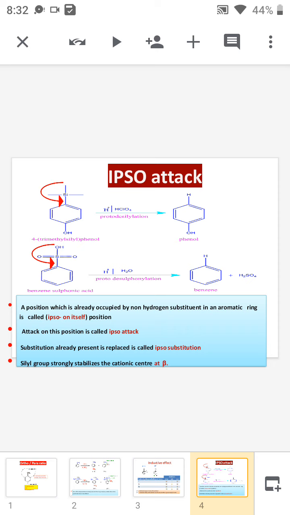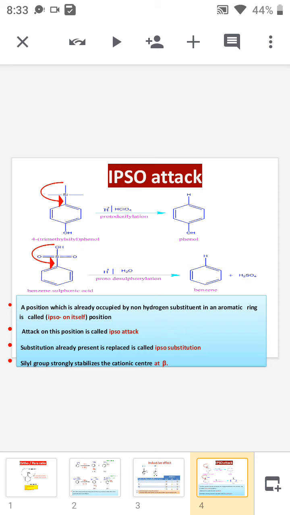So in the electrophilic attack, we have to consider that the electrophile will attack on the ipso position of the silyl group. I have shown by the red arrow mark the position of the attack of the electrophile.